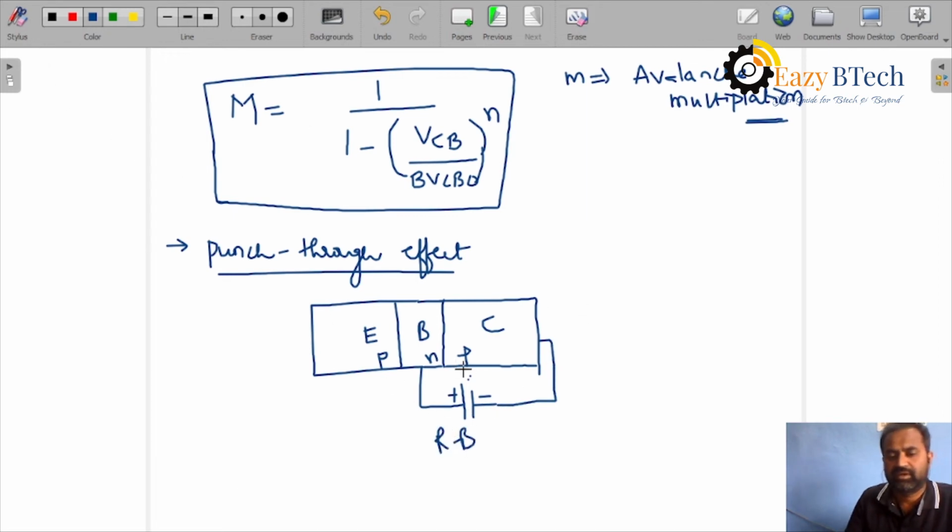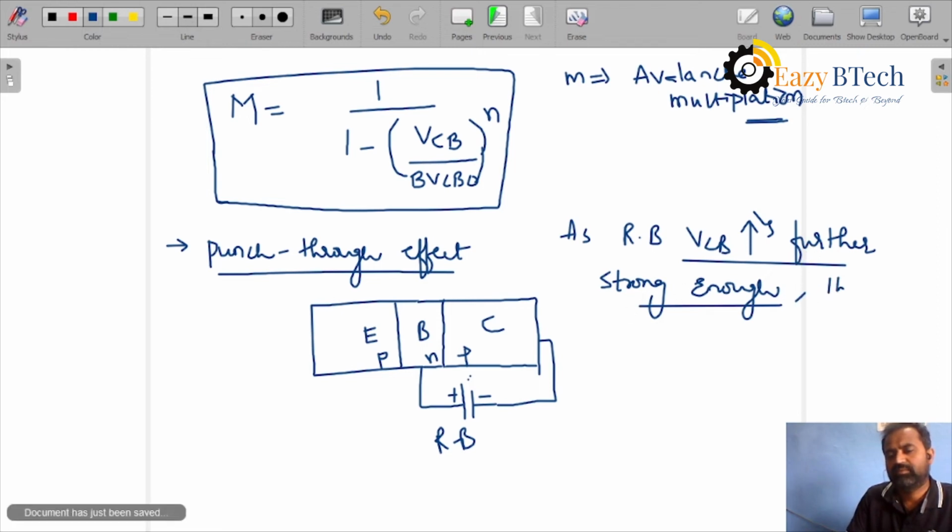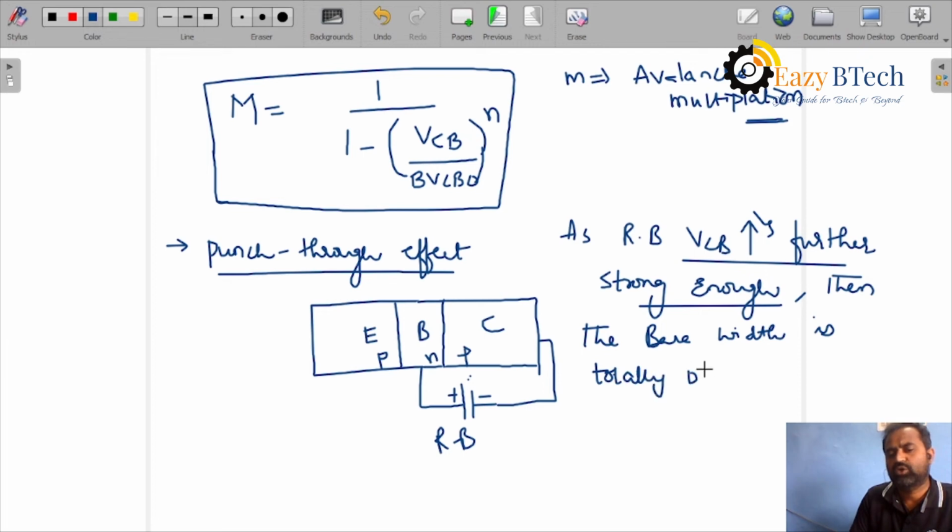As the reverse bias voltage VCB increases further, and becomes strong enough, the base width is totally occupied by the depletion region.